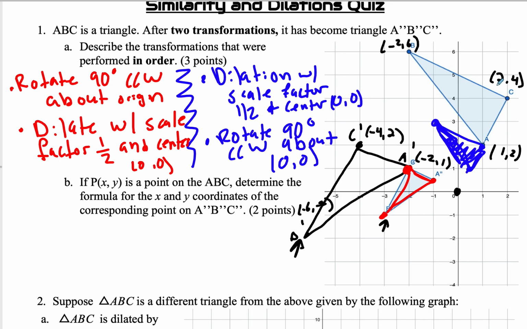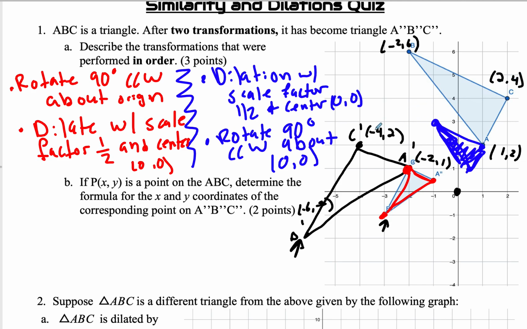See the pattern? All that's happening is that the x's and the y's are flipping, but then we're taking the opposite of whatever the x is in the new point. So if y is negative, it becomes a positive when you flip it to the x coordinate, and a positive becomes a negative.